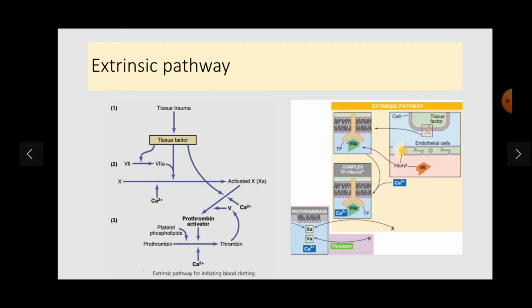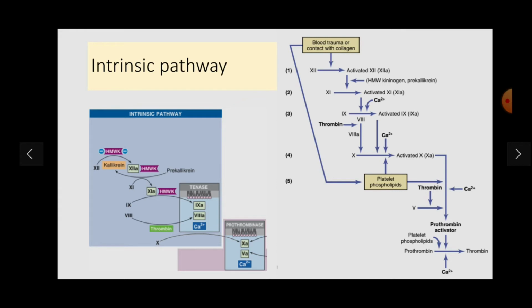The tissue factor and factor 7 complex activates factor 10, forming factor 10A. Factor 10A, along with activated factor 5 and calcium, is known as prothrombinase or the prothrombin activator complex. So remember that the coagulation factors involved in the extrinsic pathway are factor 3, that is tissue thromboplastin, factor 7 and factor 10.